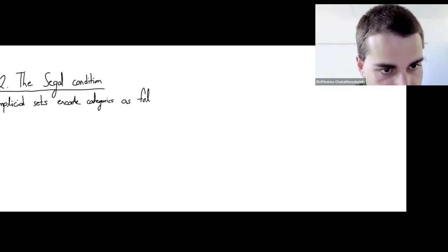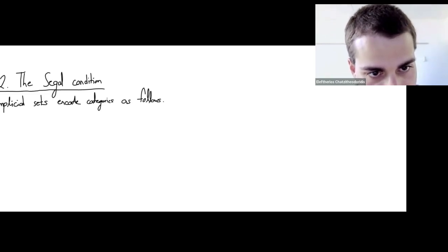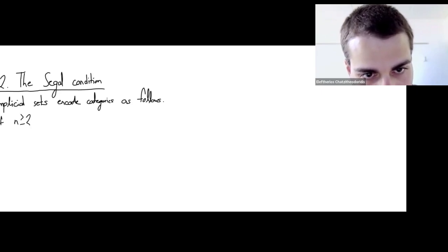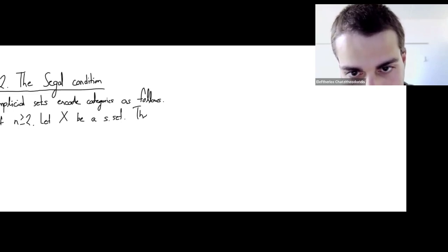Let n be greater than or equal to 2, and let X be a simplicial set. Then the key observation to make is that we have a particular kind of inclusion of simplicial sets, which is called the spine inclusion.